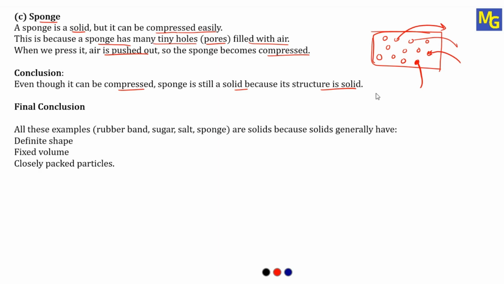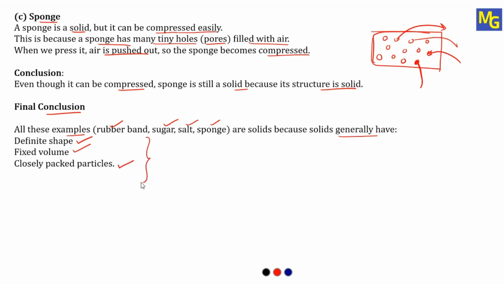So I hope you understood why rubber is a solid, why sugar and salt are solid, and why sponge is a solid. So what is the final conclusion based on all these activities? All these examples like rubber band, sugar, salt, sponge are solid because solids generally have definite shape, fixed volume, and closely packed particles.